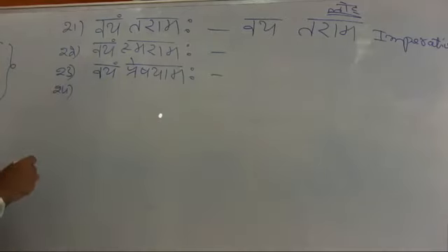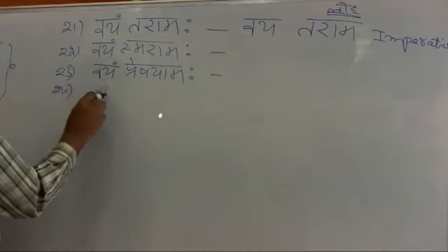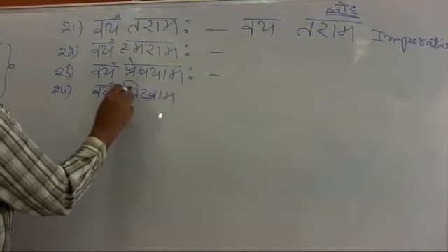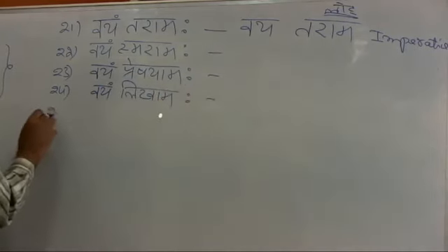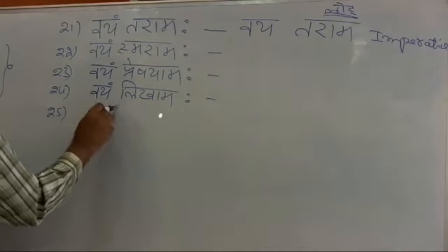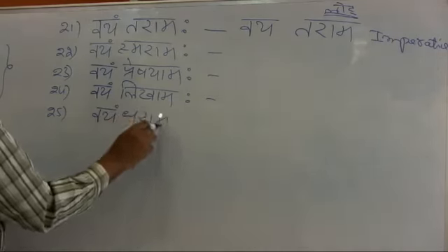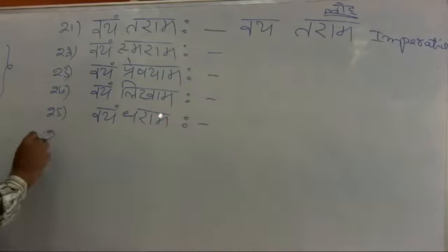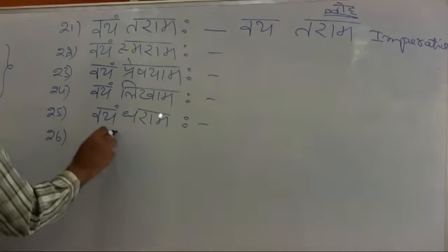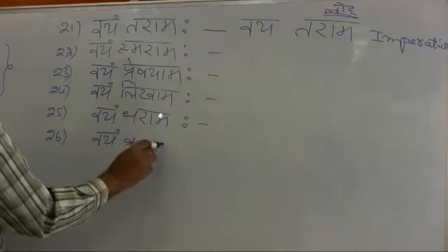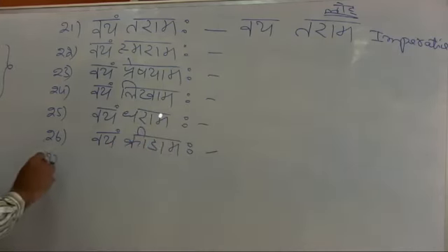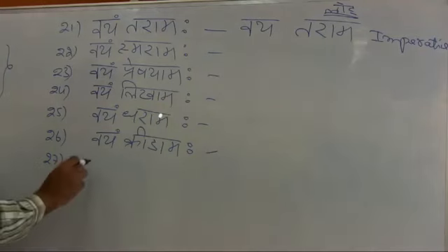The 24th, as given in the book, Vayam likhamaha. The 25th, Vayam dharamaha. The 26th, Vayam kridamaha. The 27th, Vayam pashyamaha.